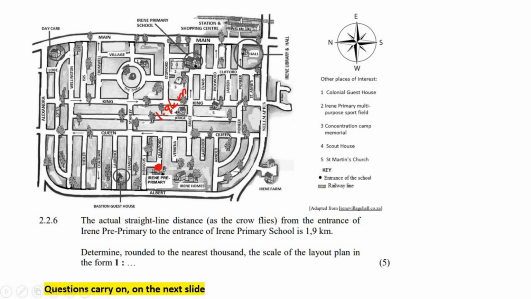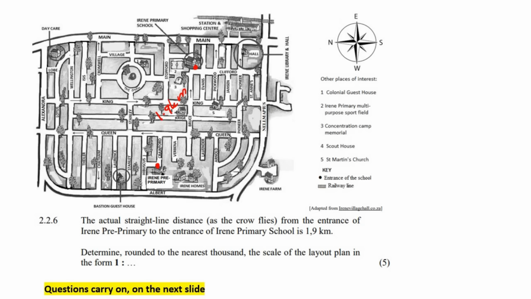We just got to make sure we're finding the entrances here. It's really difficult to know exactly which one is the entrance, but I'm just going to go in sort of that area over there, and then that area over there.